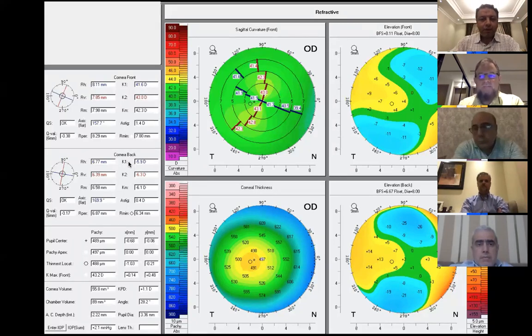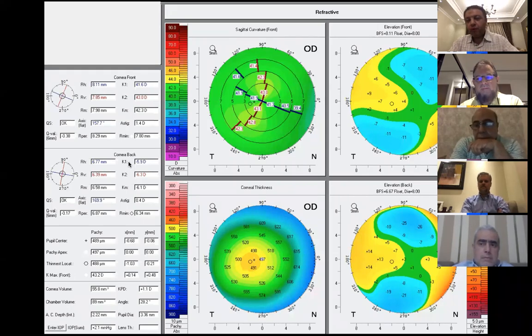The second point, simply why not laser vision correction? Because of the thickness, or other factors? Because of the thickness and because you have three issues here: the post-operative K reading and the thickness also.